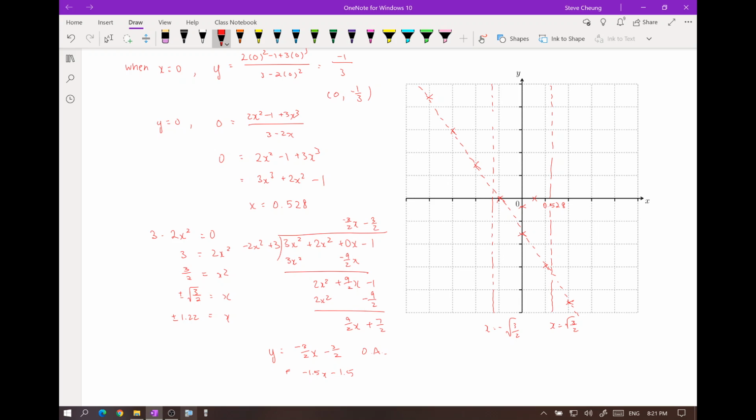So notice that in order to pass through these intercepts, then this one down here has to be, this one here needs to be, can I do this a little bit better? Okay.